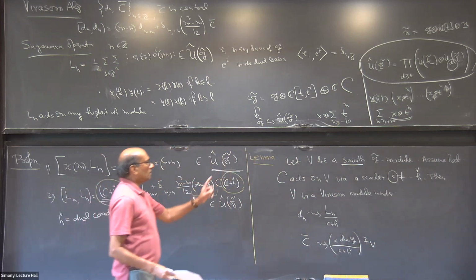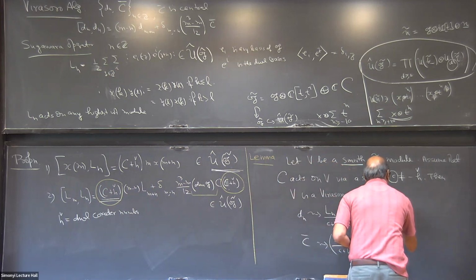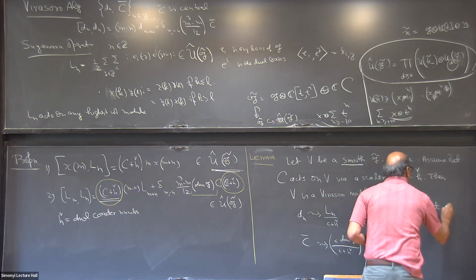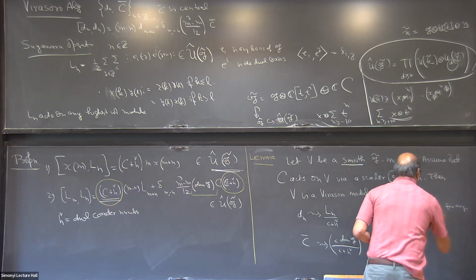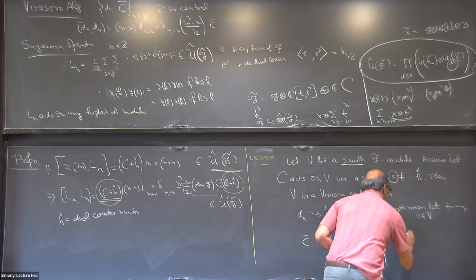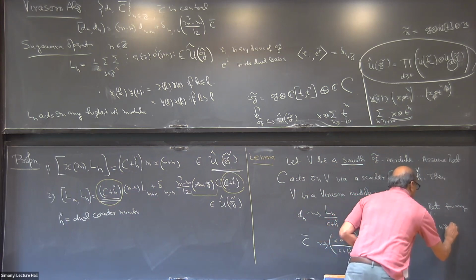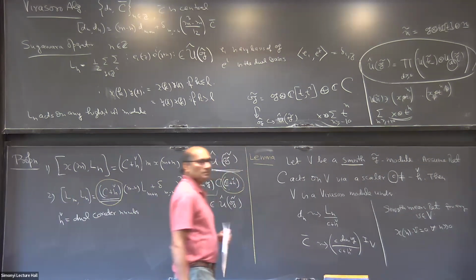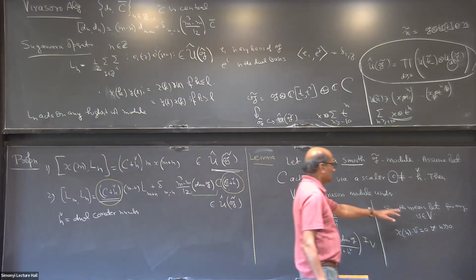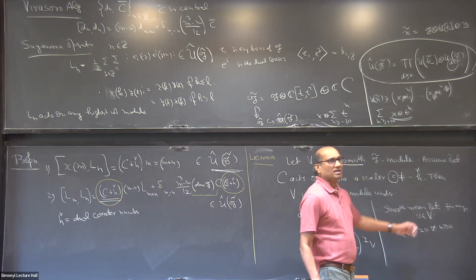Okay. Now, what is smooth? Smooth just means that for any vector, it's killed by a high enough power of the positive part. So smooth means that for any v in V, the action of the positive part is locally nilpotent.